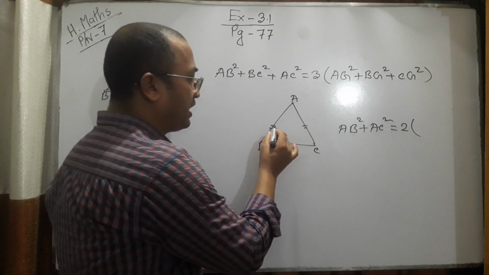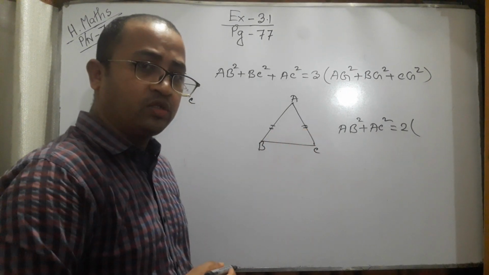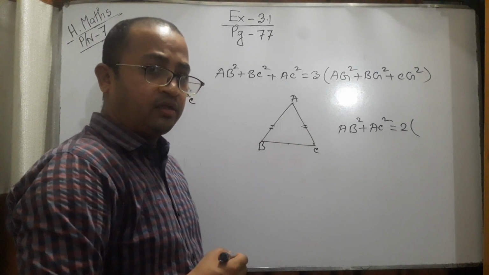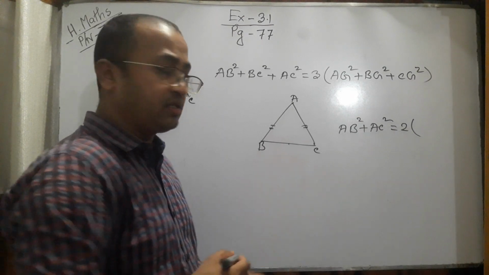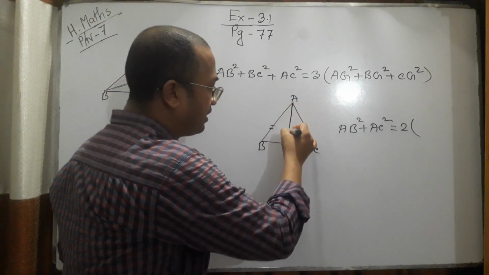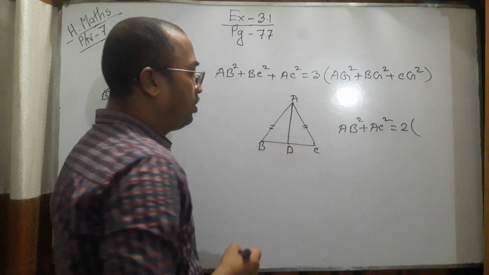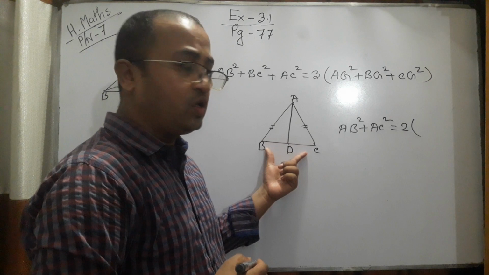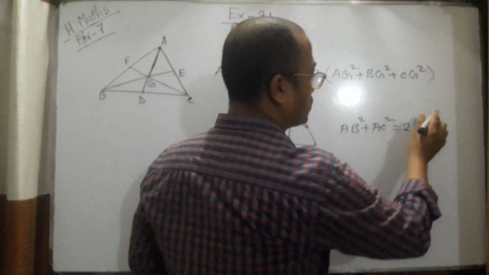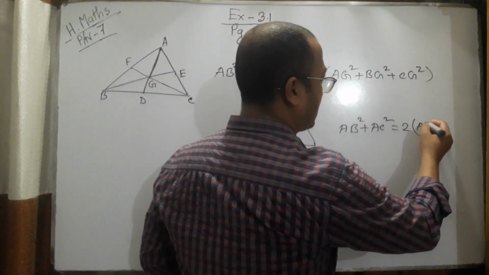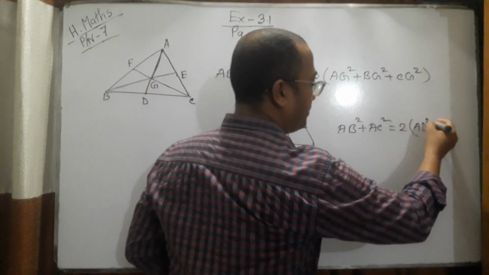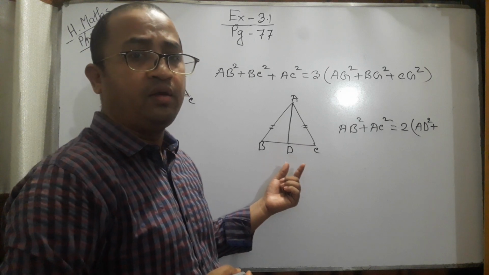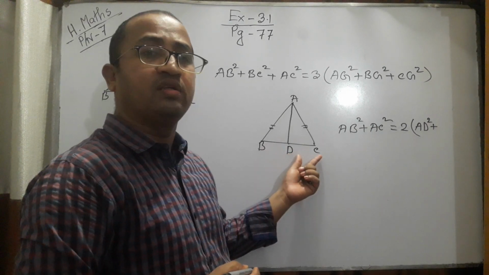Look, I have considered AB and AC are any two sides. So which one is the third side? BC is the third side. So let AD is the median drawn from the vertex A to the third side BC. So the sum of the square drawn on the median drawn on third side and the square drawn on any half of the base, BD or CD.